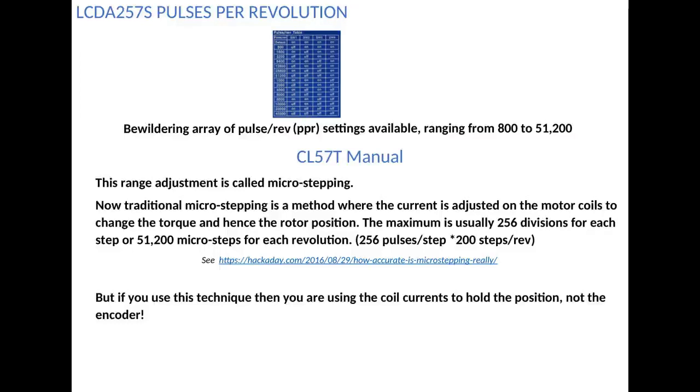The maximum is usually 256 divisions for each step, so 256 pulses by 200 steps gives 51,200 microsteps for every revolution. But if you use this technique, then you're using coil currents to hold the position, not the encoder. The ULR reference is a great article on microstepping testing.